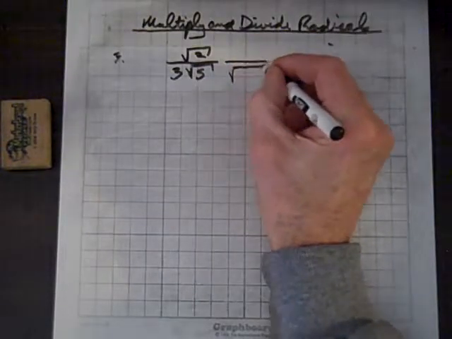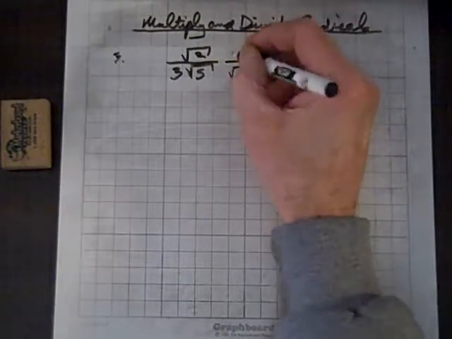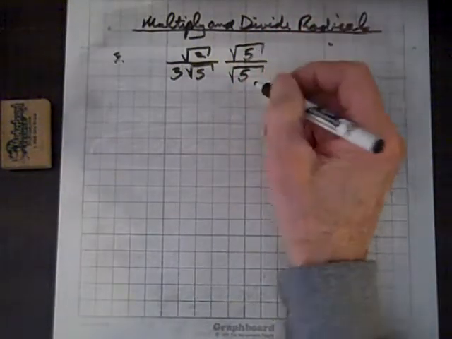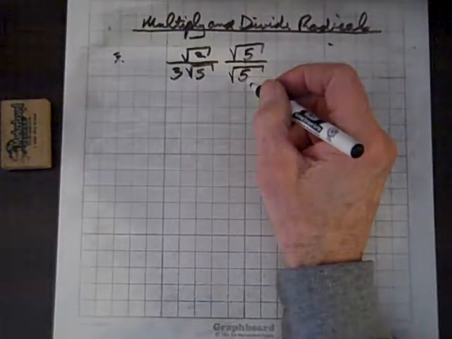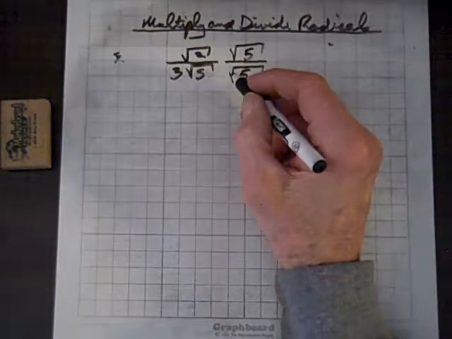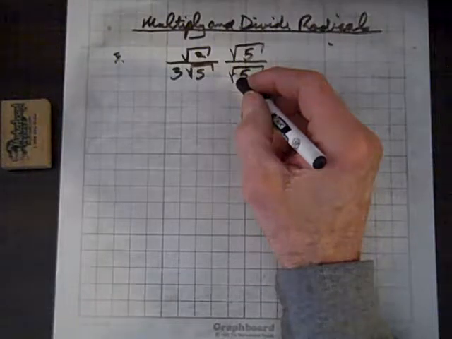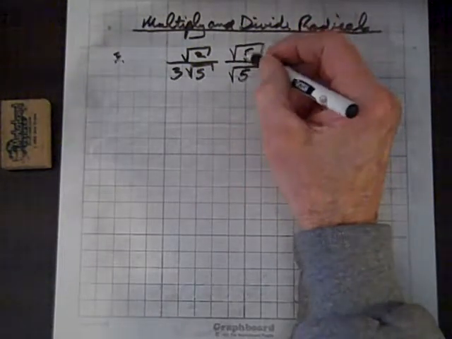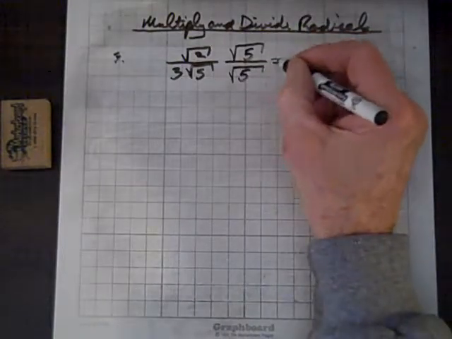And since that's the square root of 5, and since the square root of 5 times the square root of 5 is 5, then we would be eliminating the radical in the denominator. So notice I multiplied by 1 in the form of root 5 over root 5.